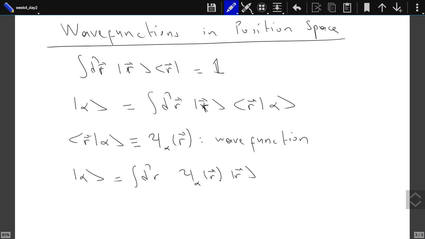So when we expand any ket in terms of position eigenkets, there are some expansion coefficients, and those coefficients are what we call the wave functions. They are no different than any other expansion coefficients that we had discussed before. So we know that, for example, expansion coefficient squared gives us the probability. Well, the wave function squared gives us the probability. Well, since it's continuous, it gives us the probability density.